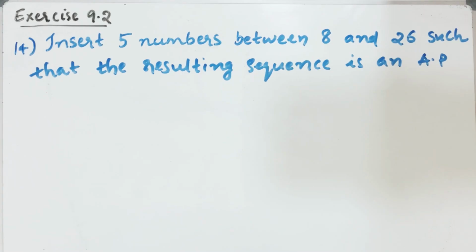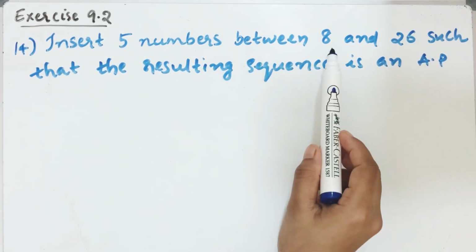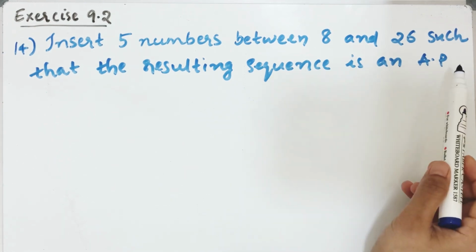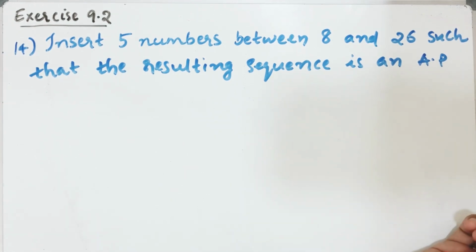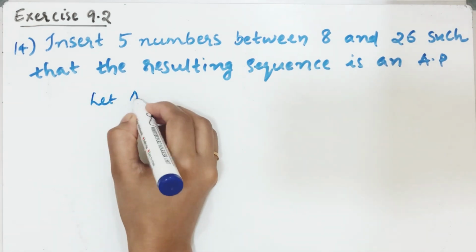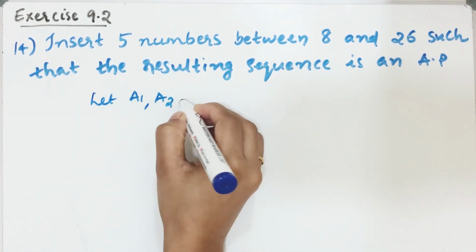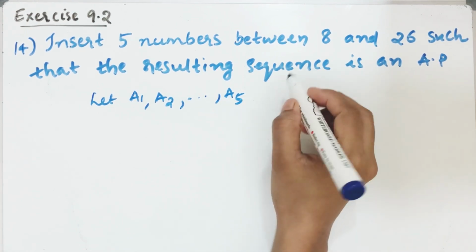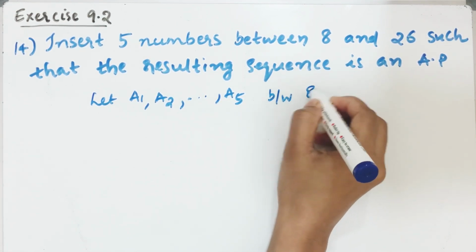Next question. Insert 5 numbers between 8 and 26 such that the resulting sequence is an AP. We have to insert 5 numbers. Let A1, A2, etc. up to A5 be the 5 numbers between 8 and 26.